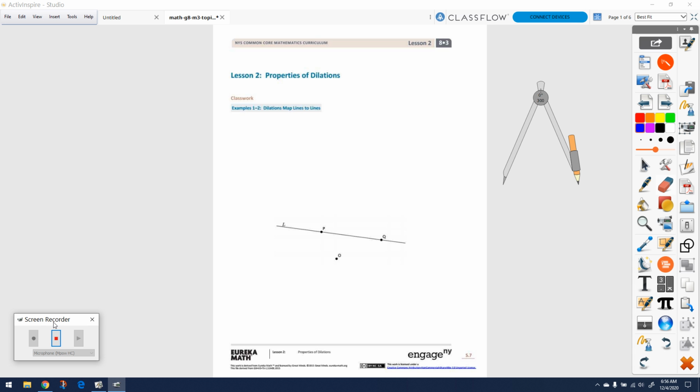So we are going to take our compass and put the point of our compass on point O, and measure the distance from point O to point Q.